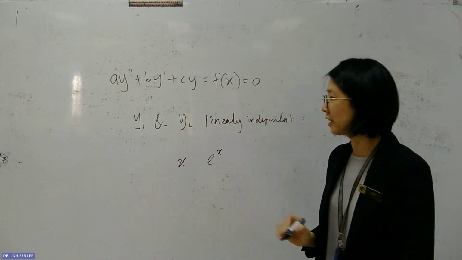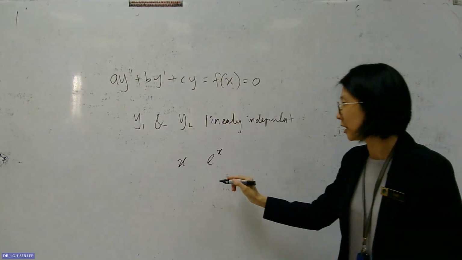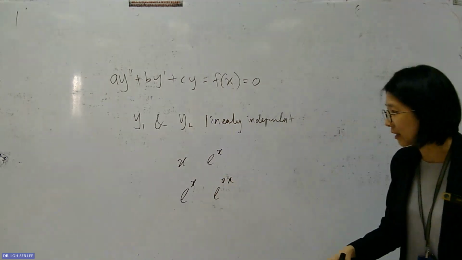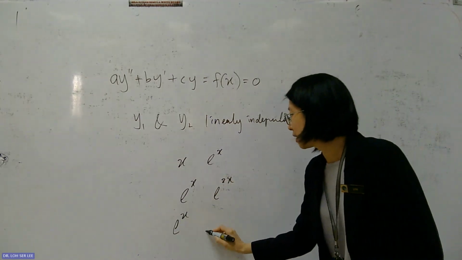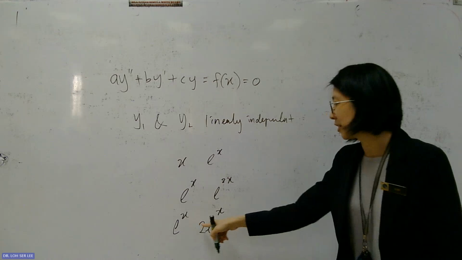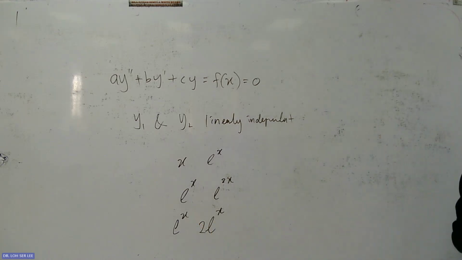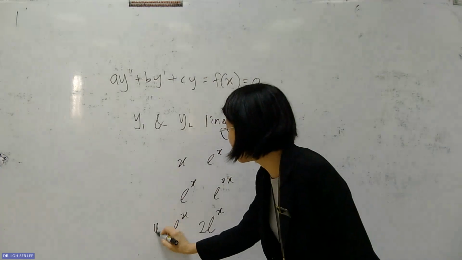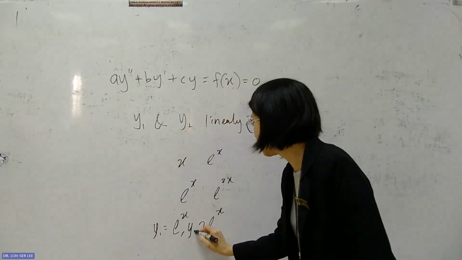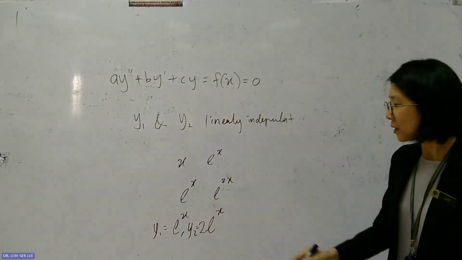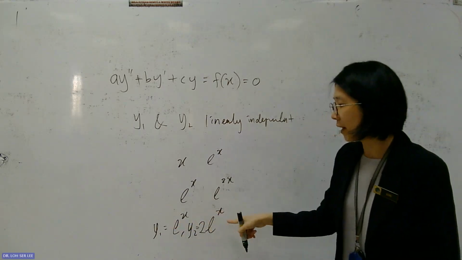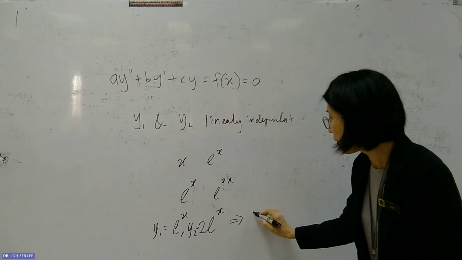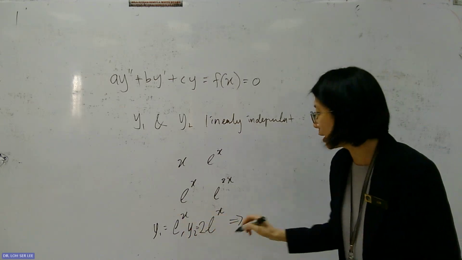x and e^x are linearly independent. e^x and e^2x are linearly independent. e^x with e^x or 2e^x are linearly dependent. Dependent means, let's say y1 is e^x and y2 is 2e^x. When they are linearly dependent, we can find a relationship between y1 and y2.